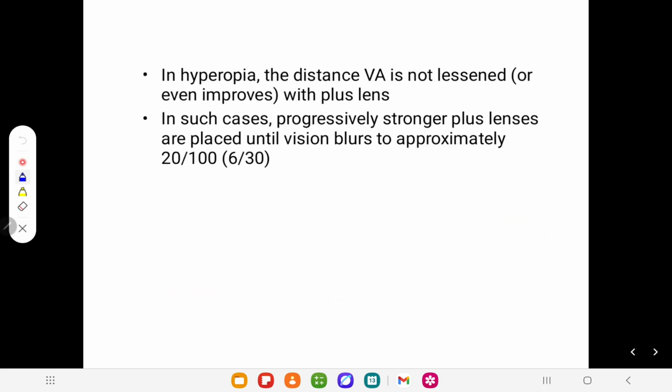Okay. In hyperopia, distance visual acuity is not reduced, or even improves, with a plus lens. So in hyperopia, it's quite tricky. Whenever you are doing fogging in hyperopia, there is a chance that the visual acuity gets better, so you have to be cautious.